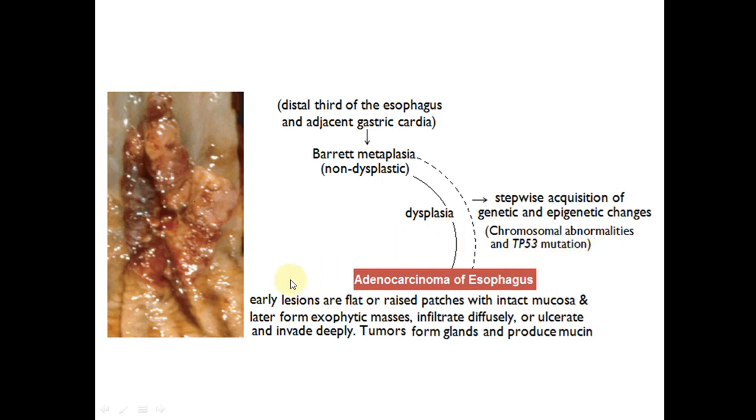Initially, morphologically, the adenocarcinoma forms early lesions which are flat and sometimes form small raised masses, raised patches, but here the mucosa is intact.